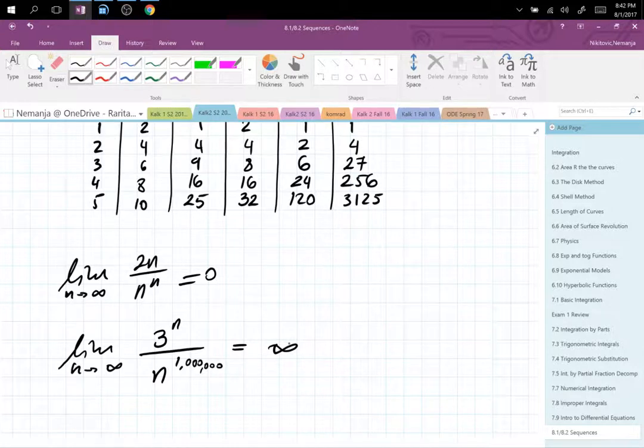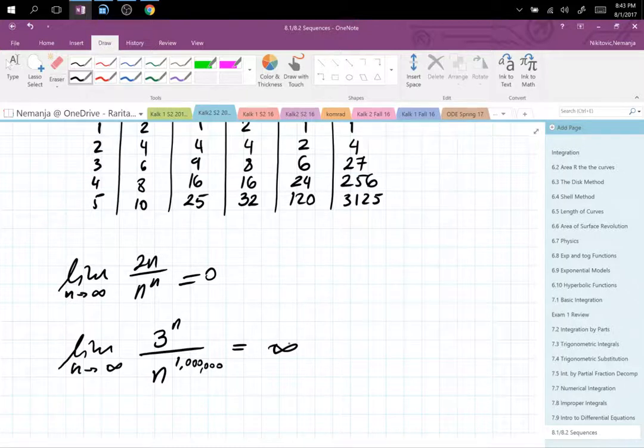Graphs are pretty much the same, except you don't have the line, you have the dots. And then the most important part is the test for convergence of sequences. When you see a formula, you take the limit as n goes to infinity, and that will either be a finite number, in which case it converges to that number, or it's going to be infinity, where we claim it diverges.